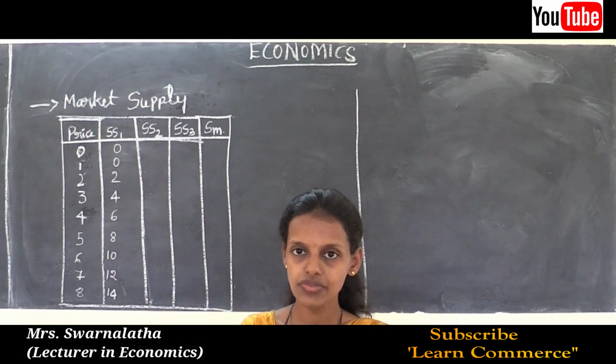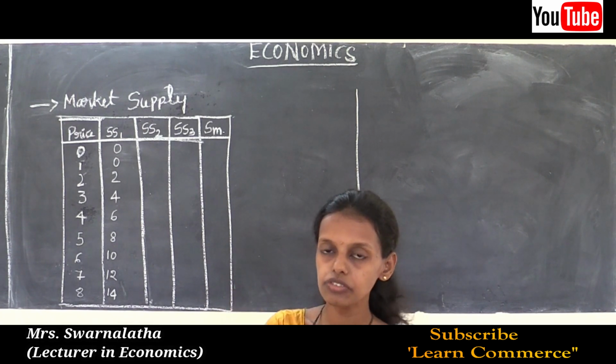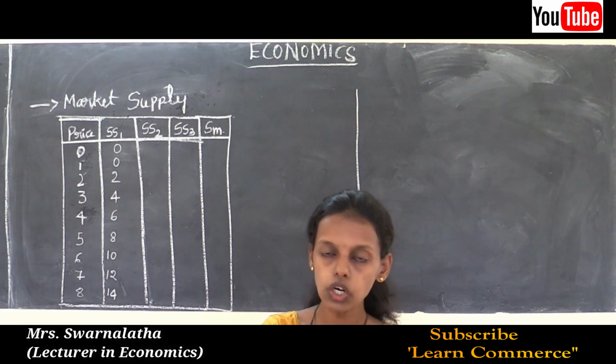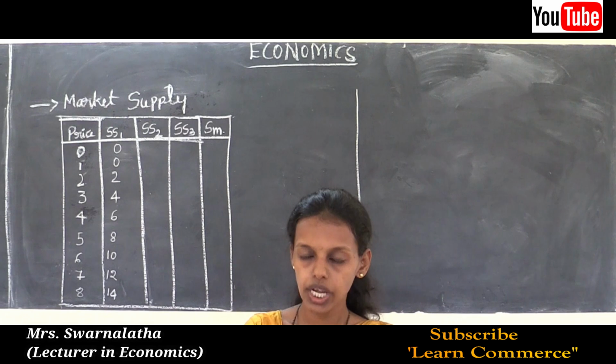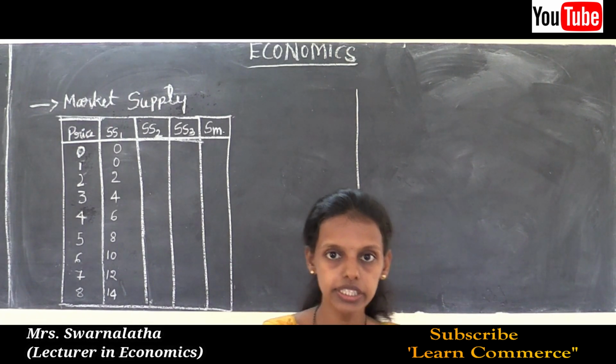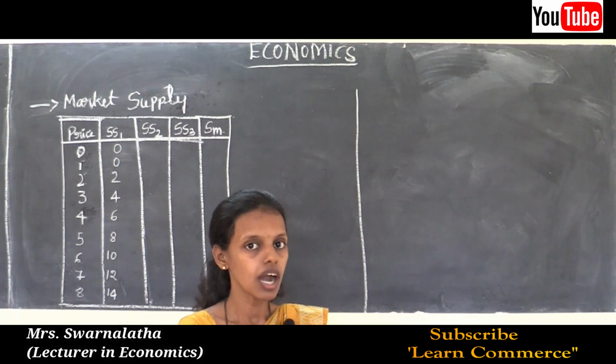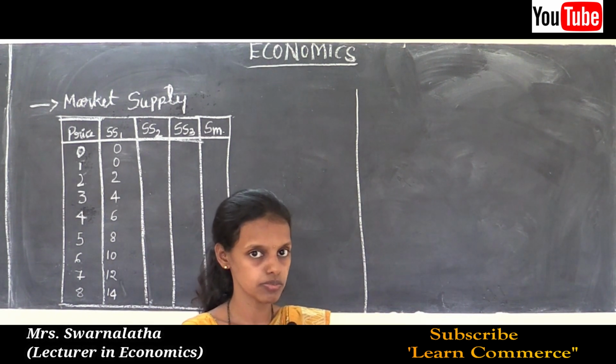Dear students, as we studied market supply with a fixed number of firms, firm 1 and firm 2 calculation, now we are going to calculate with a large number of firms. Suppose a market with identical firms, 3 identical firms, more than 2.